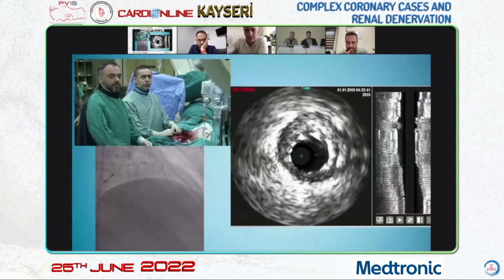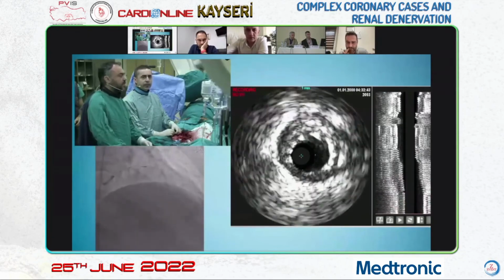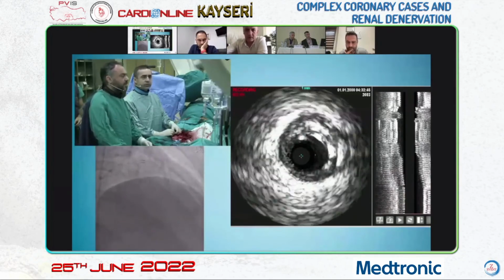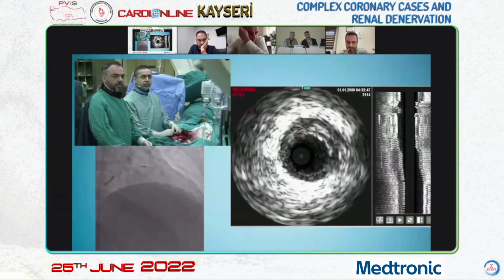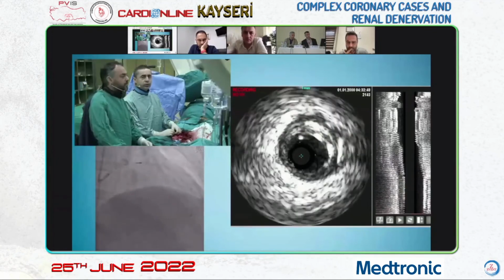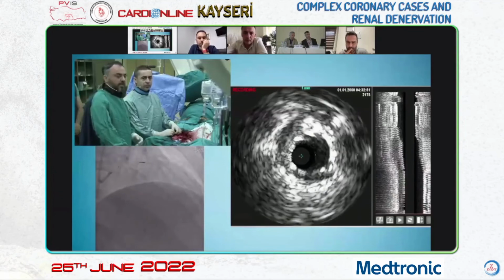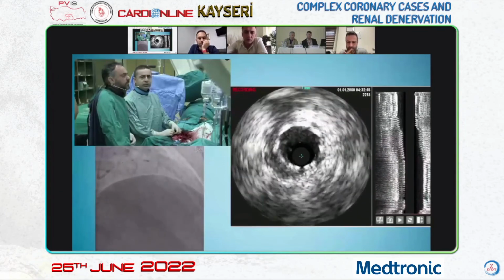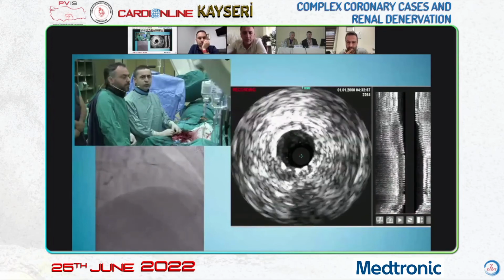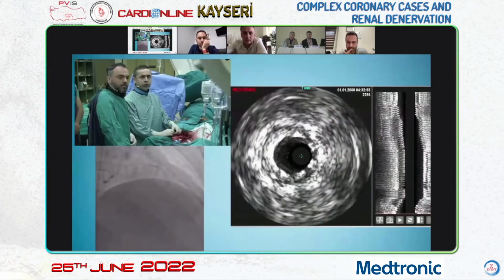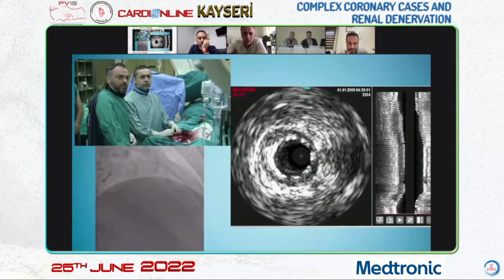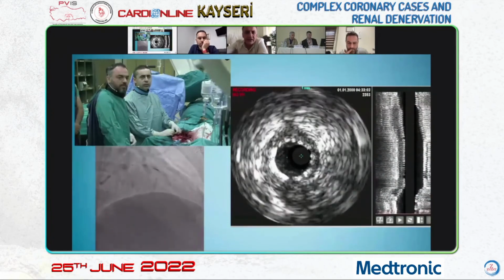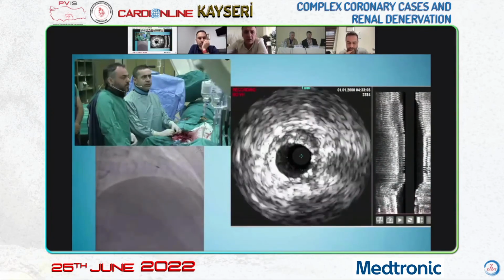This is the problem, and from the very proximal, you can have the ostial part. The stent is more undersized. We have to open this part a bit more.